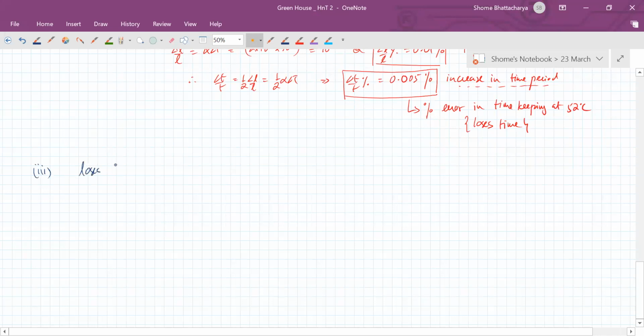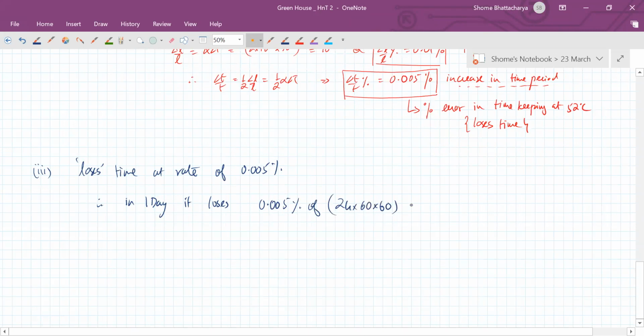So then what? And first of all, will it? So it loses time at the rate of 0.005%. Therefore, in one day, it loses 0.005% of these many seconds. So these many seconds it will lose.